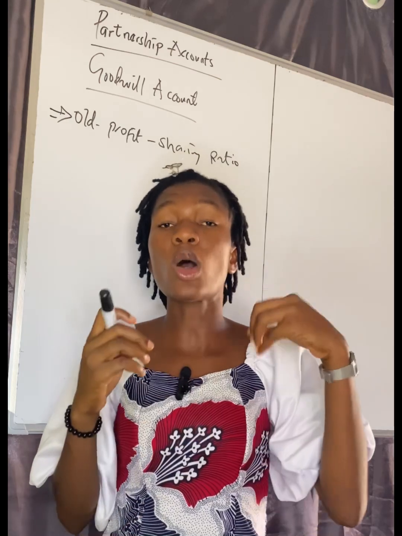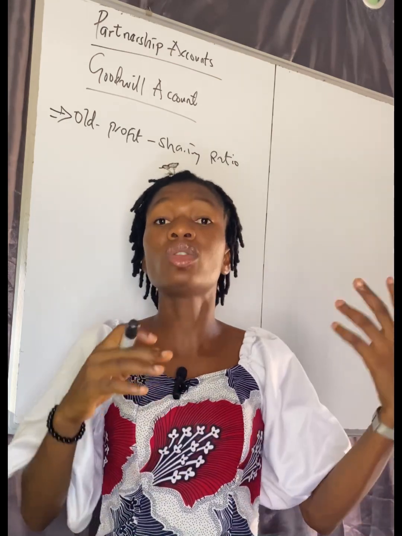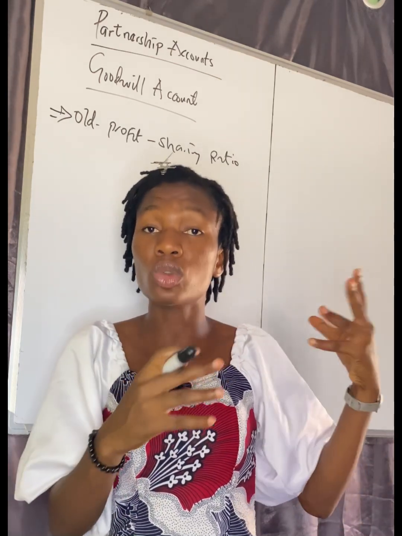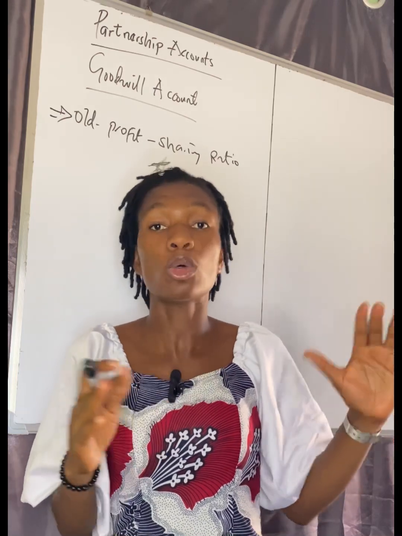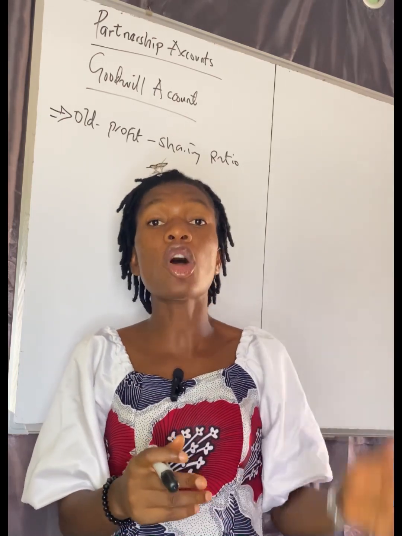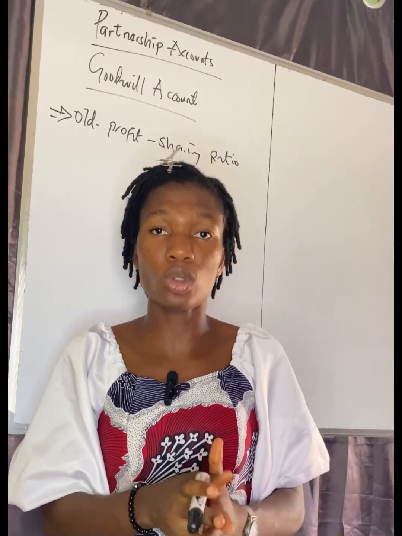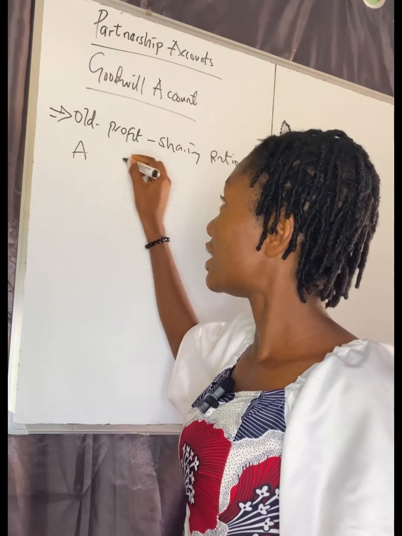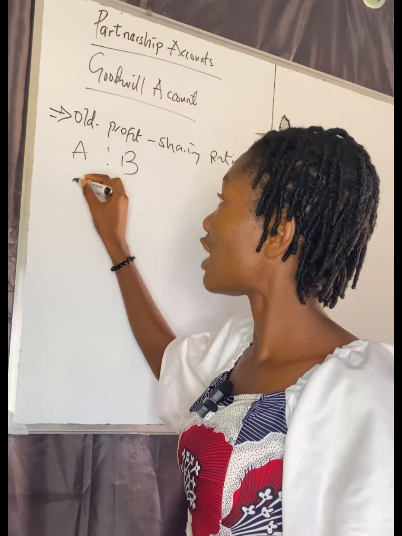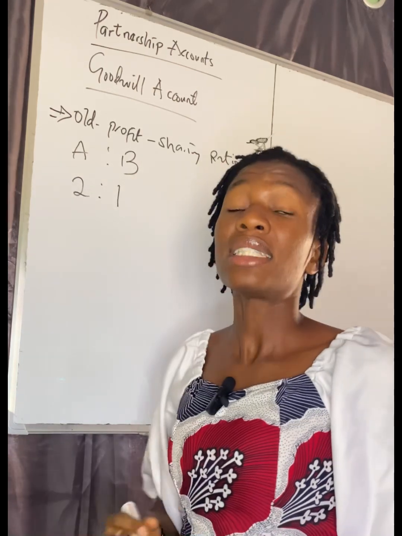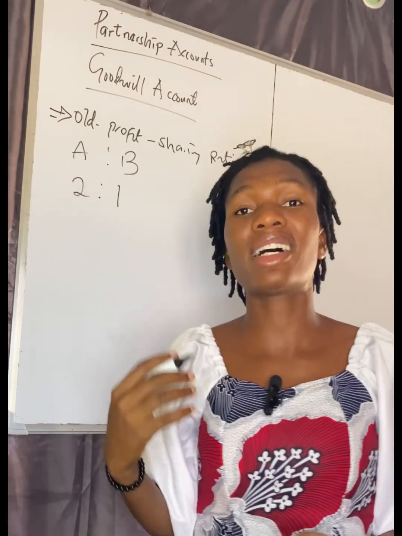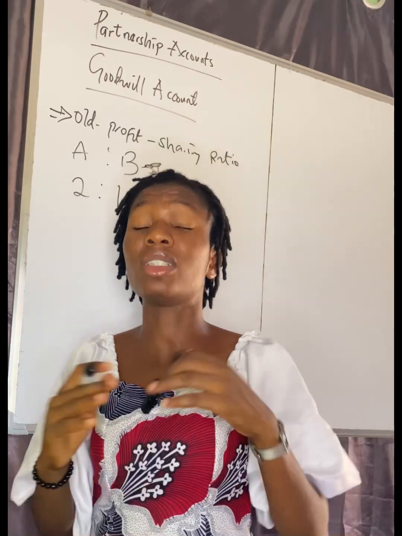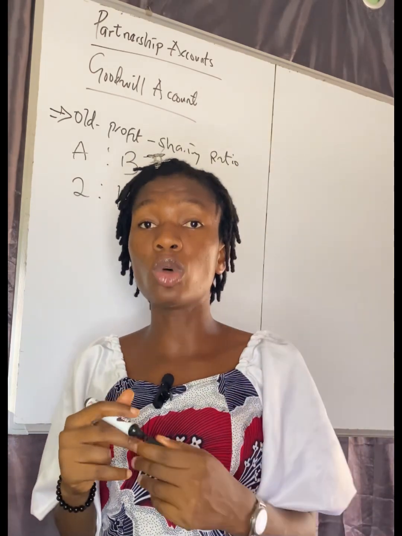They are the ones that will benefit from that goodwill. So we have to divide that goodwill value among the old partners in the old profit sharing ratio before we now take in the new partner. So this is our old profit sharing ratio for A and B, we have 2:1. That is, A is collecting double of whatever that B has.